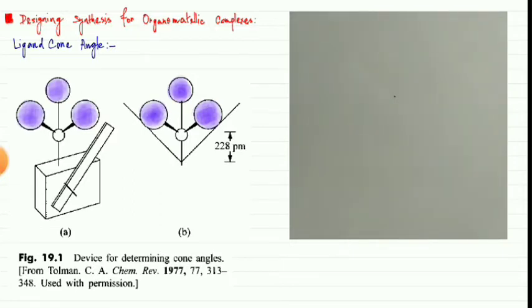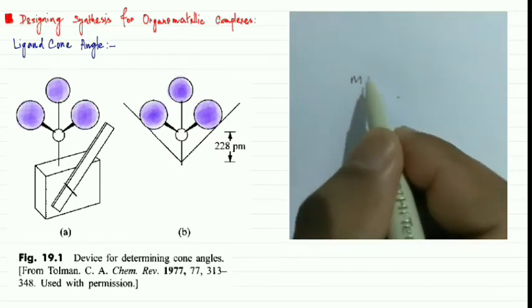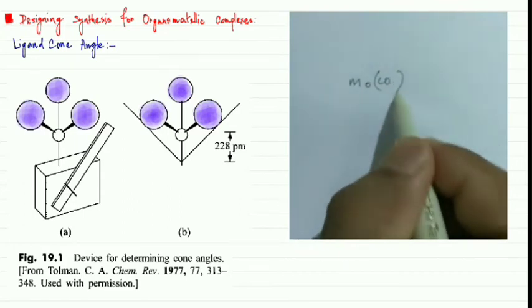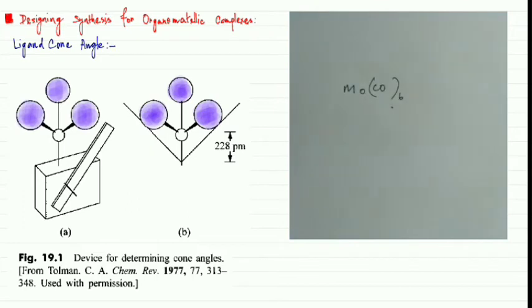You can even understand this concept in a more defined approach. So let us consider the carbonyl ligand, metal carbonyl, let's suppose molybdenum hexacarbonyl. Actually this cone angle is not so important in the case of organometallic complexes which have carbonyl ligands.